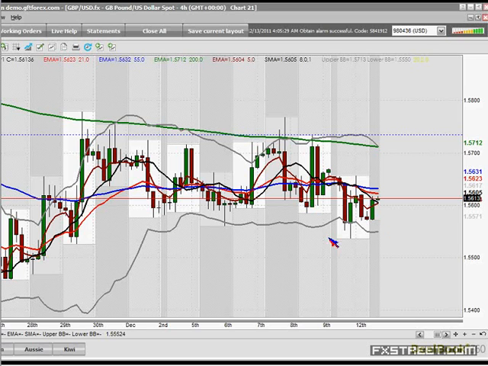Okay, so what's interesting to me here on this pound is how we've found support yesterday at an extreme daily pivot going into London, and it looks like we've formed this higher low. So potentially what's happening?